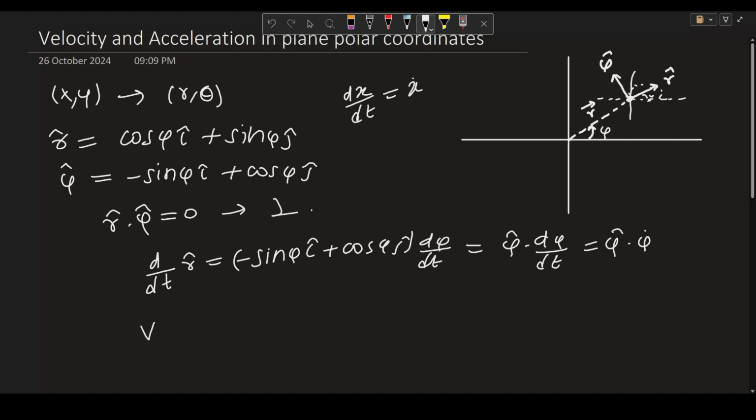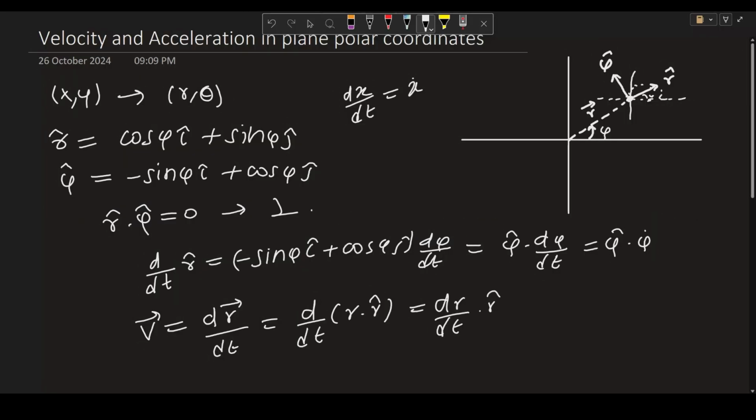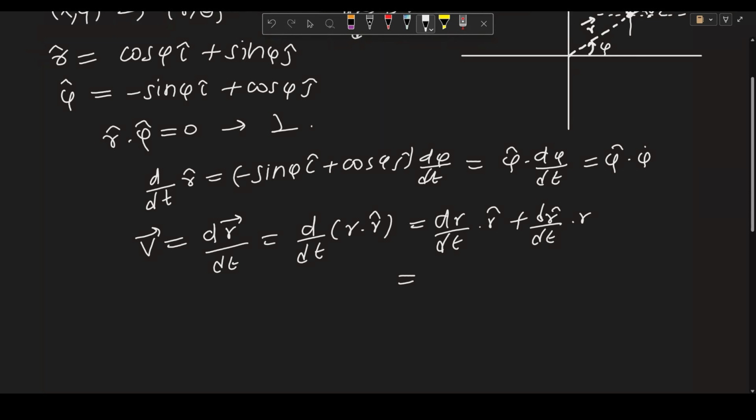Now let's calculate velocity. Velocity is nothing but dr vector by dt. What is the r vector? It's nothing but r times r cap. So dr by dt will use the chain rule: r dot times r cap plus r times d by dt of r cap.